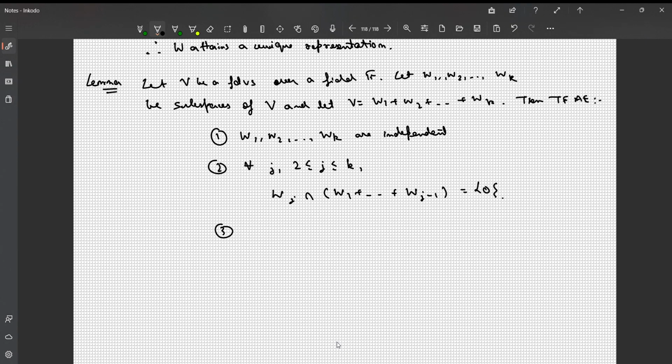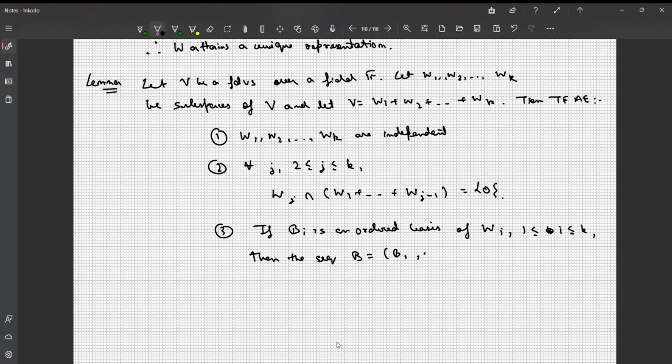And number three is that if beta i is an ordered basis of Wi, 1 less than or equal to i less than or equal to k, then the sequence beta given as beta 1, beta 2 and so on till beta k is an ordered basis for V.